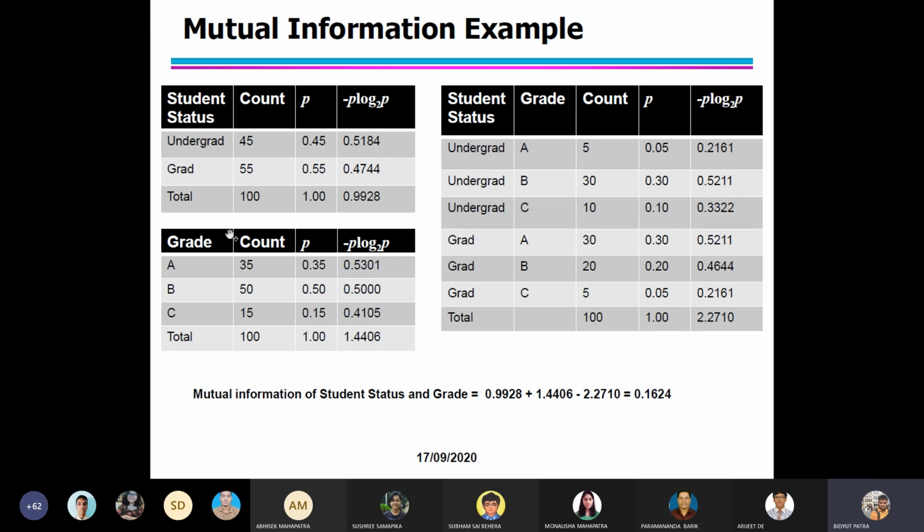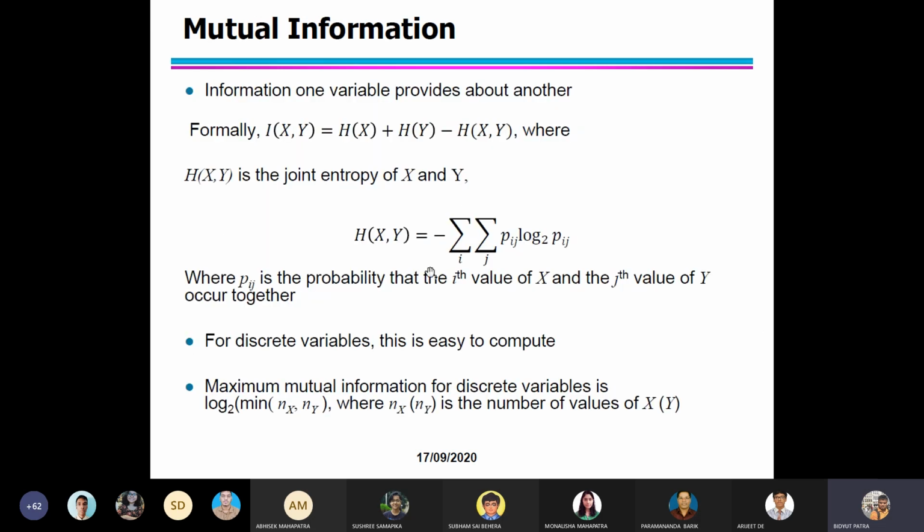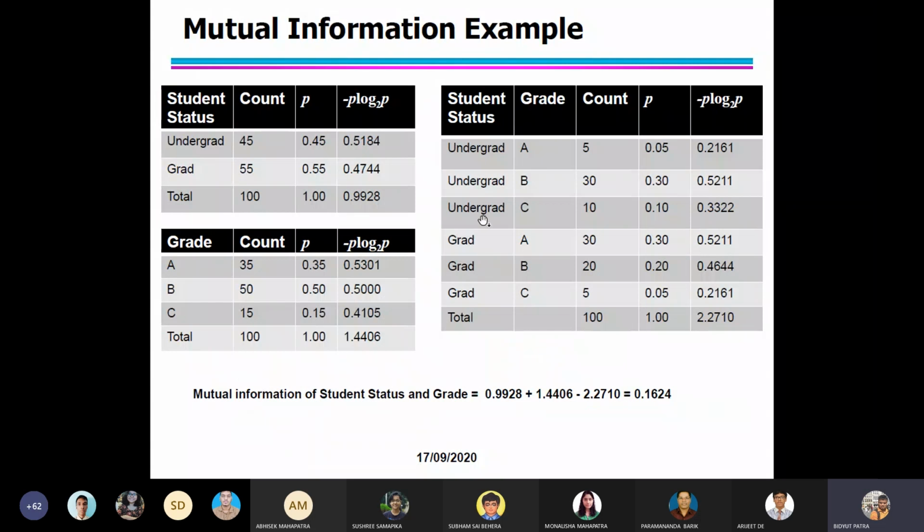If you see the formula, we have a double summation. One is the summation over i, where i is the distinct value of attribute X, and j is the distinct value of attribute Y. So what you have to do is combine undergraduate with A. How many undergraduate students got grade A?